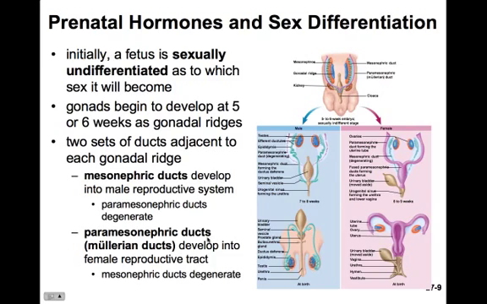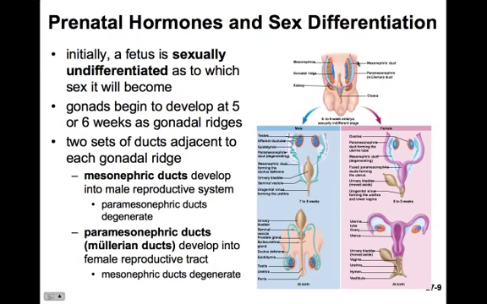So initially, a fetus is sexually undifferentiated. This is the undifferentiated stage here. Gonads will begin to develop at about 5 or 6 weeks from gonadal ridges. Here, they're neither testes nor ovaries. There are 2 sets of ducts adjacent to each gonadal ridge.